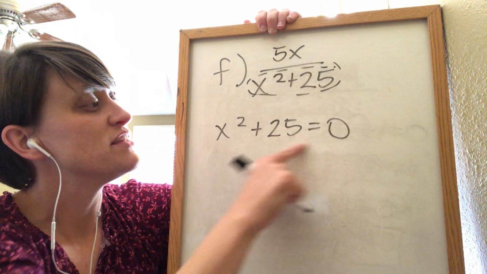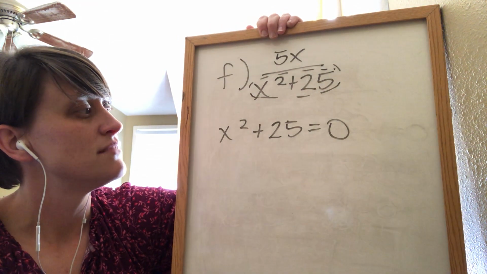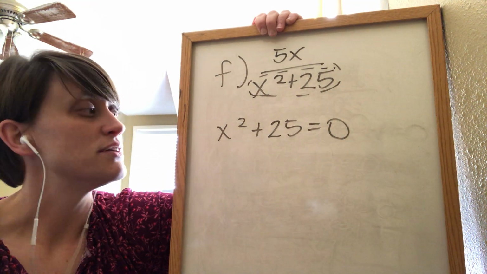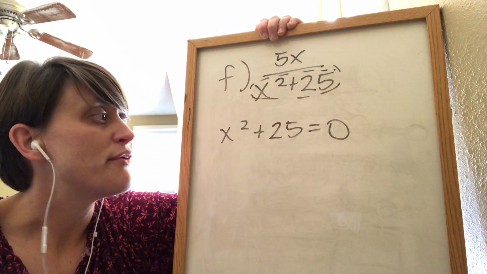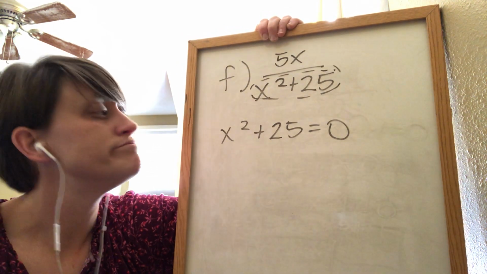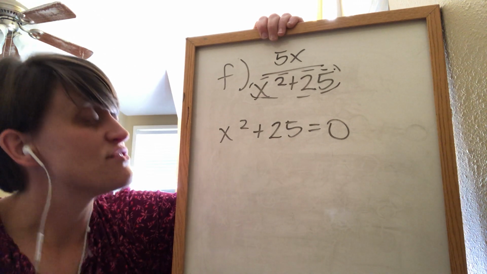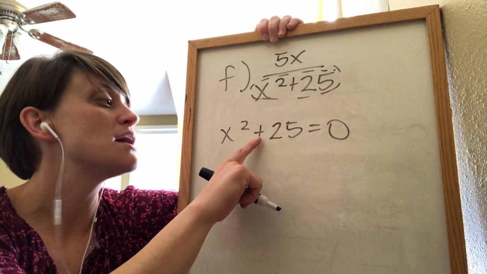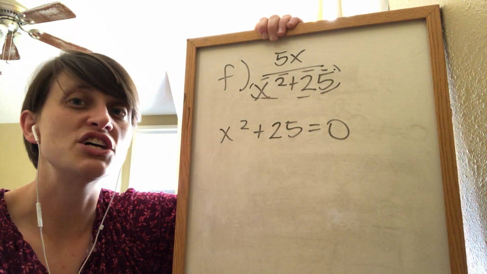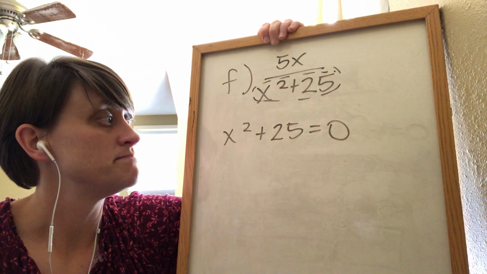So our job is to solve this equation. Well, we could try to solve by factoring, and it's only two terms, so we try greatest common factor, but there isn't one. We try difference of squares, but this is not a difference. This is a sum of squares, and we looked at it in that section that this does not factor.